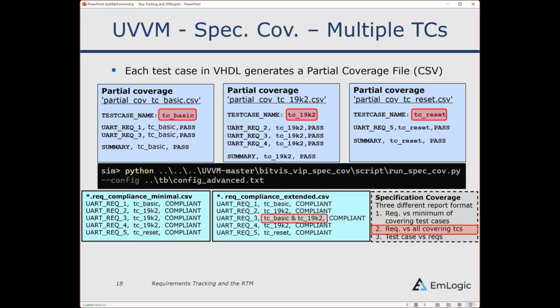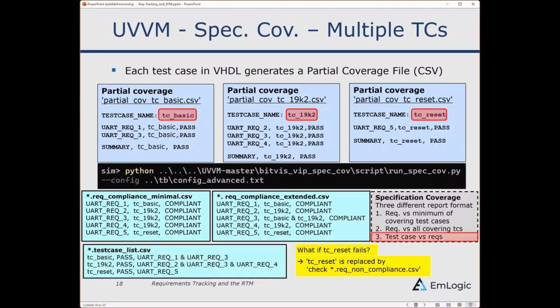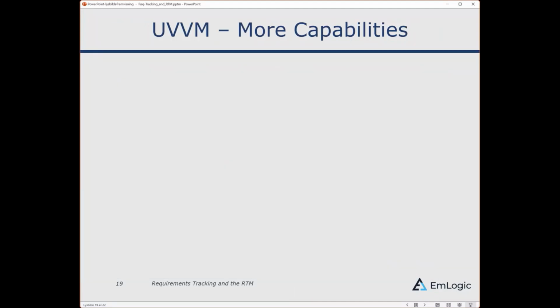And in the other case, you have an extended compliance matrix where you show all the test cases where a requirement has been tested. And then, by the way, if the test case fails, then the test case name will be replaced by a note to check a file called non-compliance. And then, of course, you also have the test case list here.